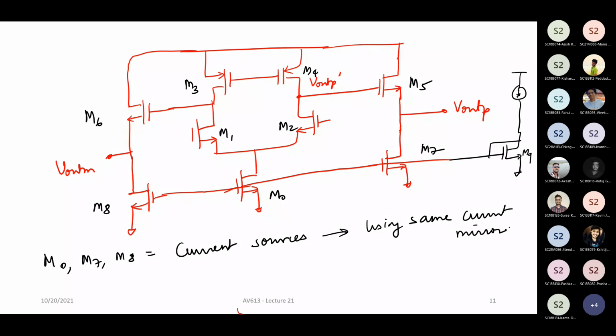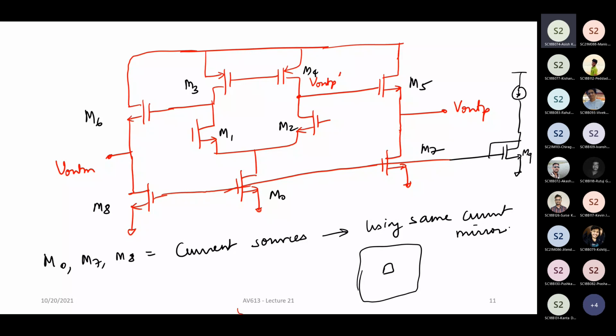Although M8 and M7 form a part of the source follower, the layout will be done together as a common centroid layout. Maybe M9 will be in the center, and then you have all these things oriented in such a way that there is a common centroid layout, and from there it will go to all the other transistors.